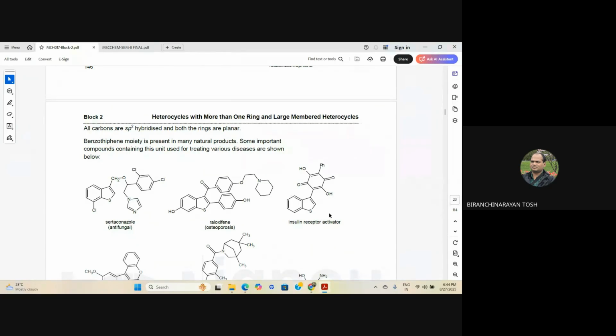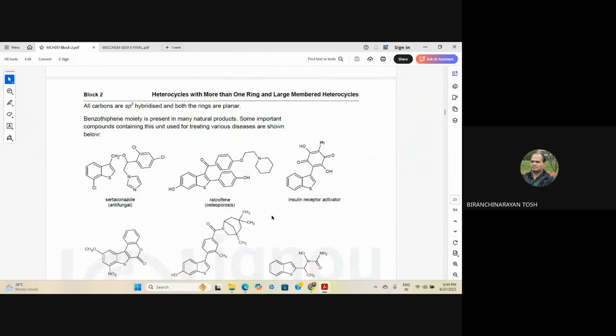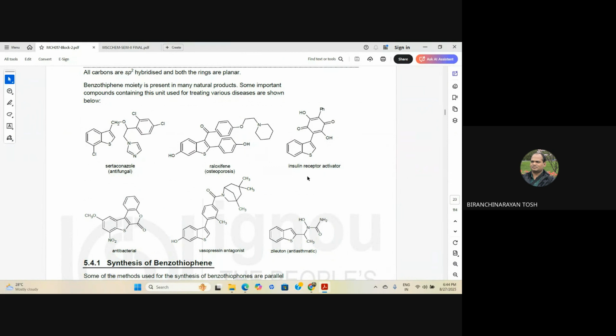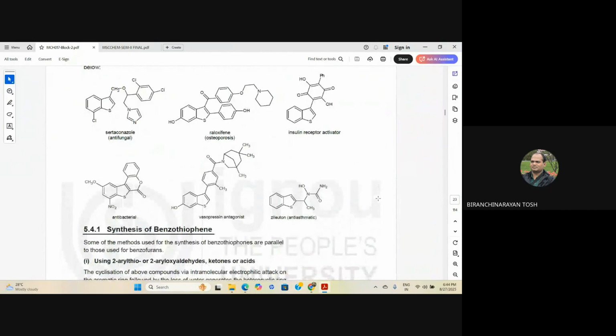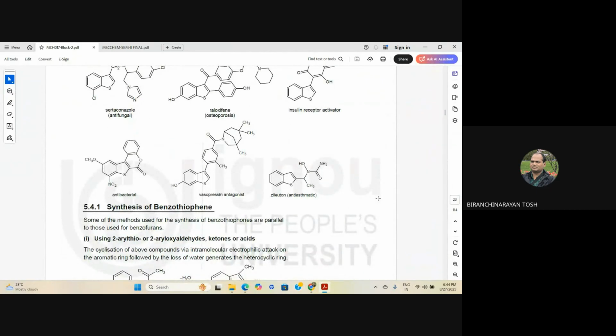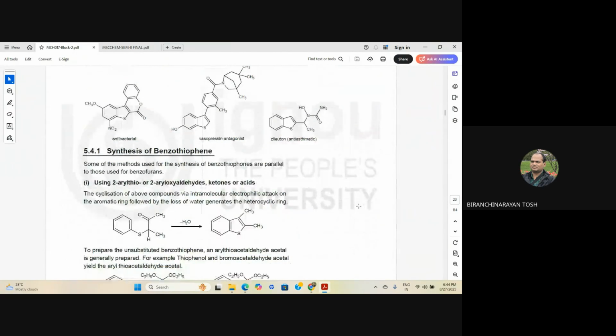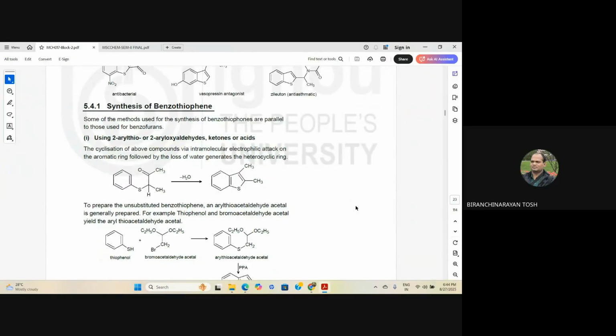Okay, which are used for osteoporosis, as insulin receptor activators, antibacterials, anti-asthmatics. Synthesis of benzothiophene has been done using 2-aryl thio or 2-aryl oxy aldehydes, ketones or acids.